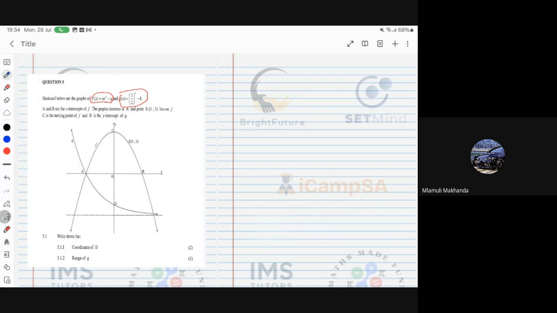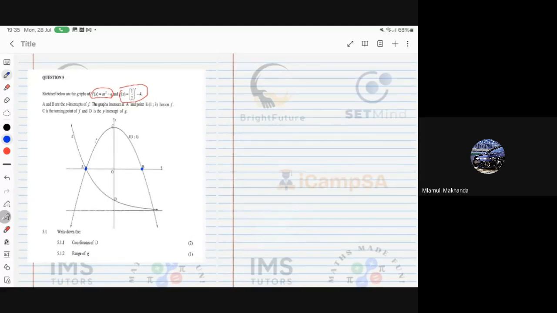Now, a and b are the x-intercepts of f. The graphs intersect at a and point e. Where is point e?